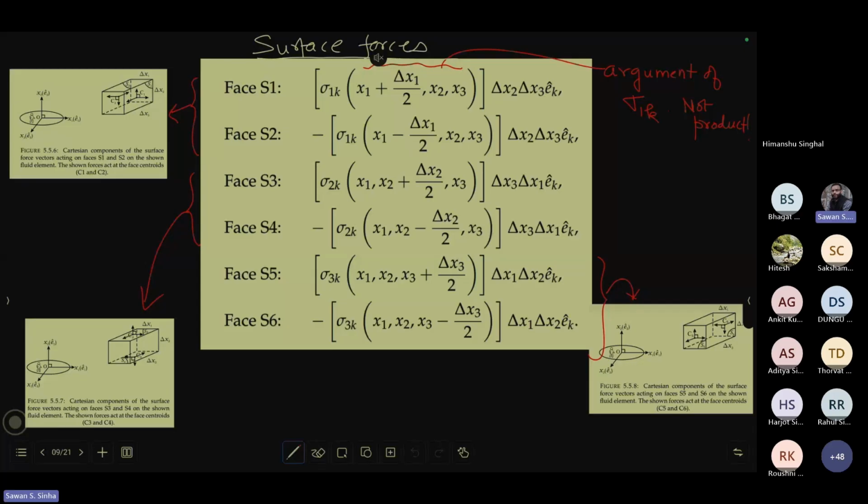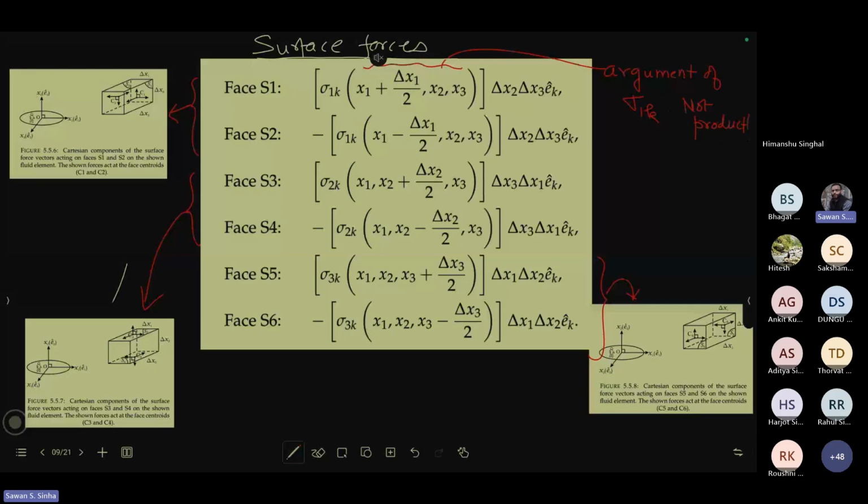All right. Now I'm trying to write the expression of surface forces using the stress tensor components. I put information about all the faces again on one slide, but let's focus. Let's take them one by one.